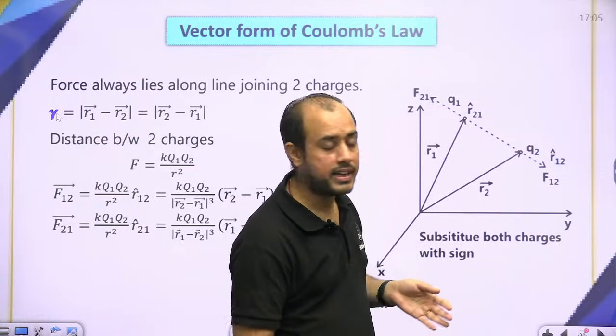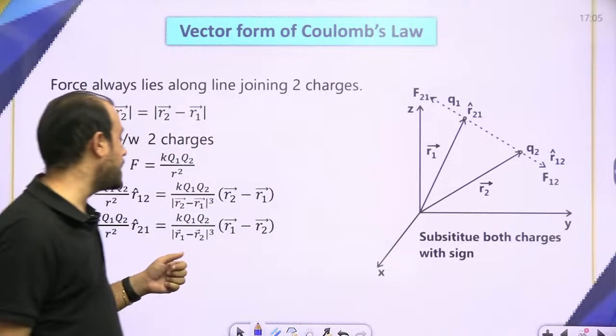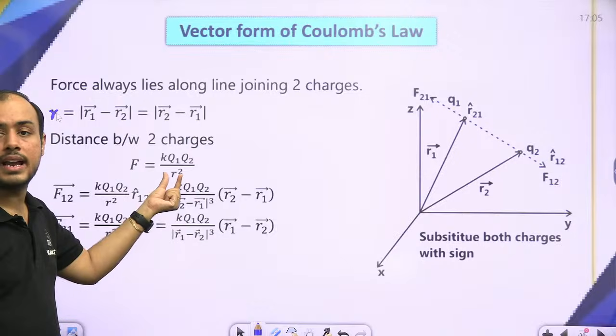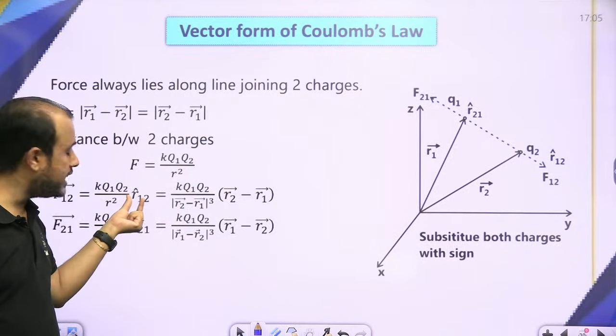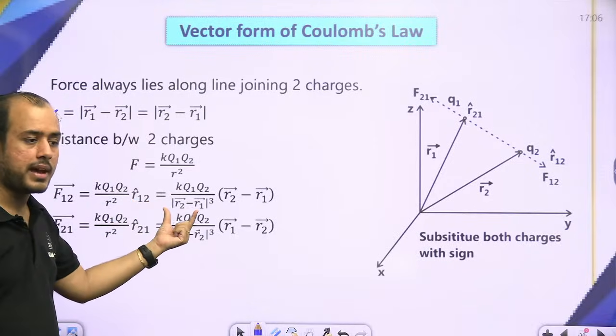R12 कैसे निकालें भाई? R2 वेक्टर माइनस R1 वेक्टर का यूनिट वेक्टर बना लिया. So when you divide it by magnitude, already there is magnitude square. For unit vector, you are taking one more time the magnitude, so it becomes magnitude cube.